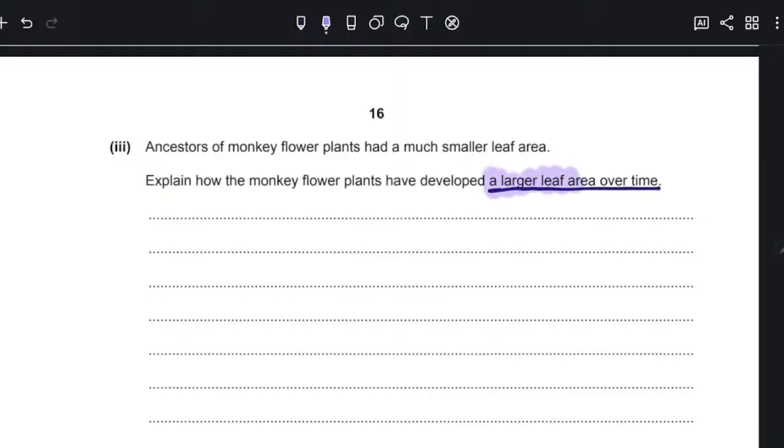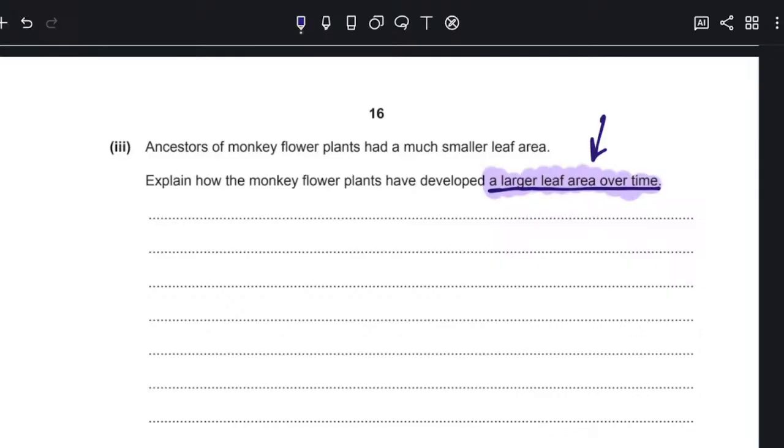Do you know what leads to evolution? Do you remember from yesterday what we said when we said that over time, the advantageous characteristic will become more common?